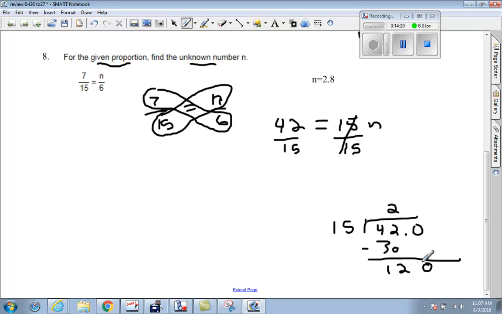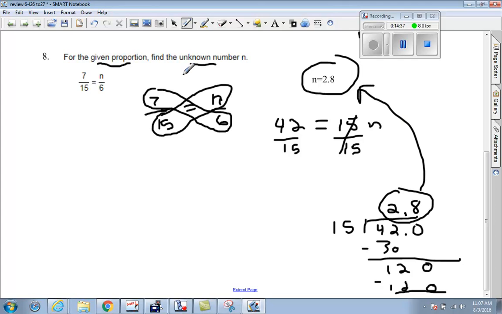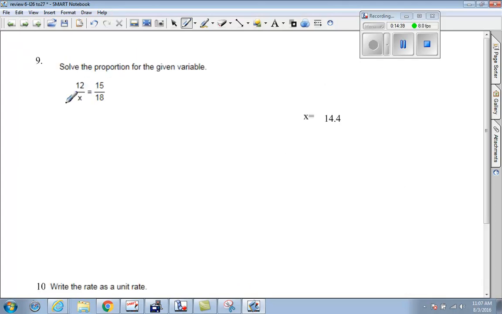And 15 into 120, let's say about 8 times. And that works out nicely as a terminating decimal, 2.8. Okay, let's head to the next one.